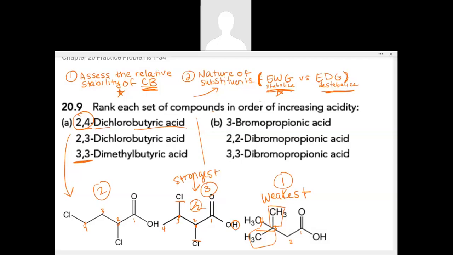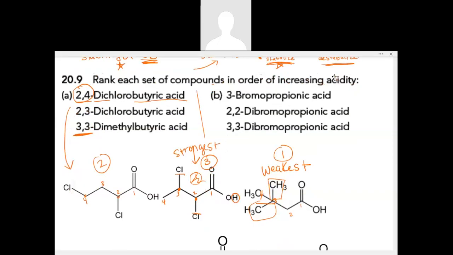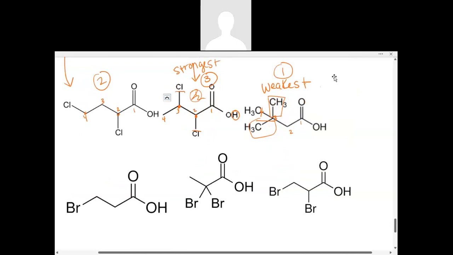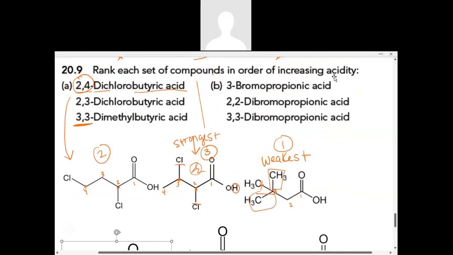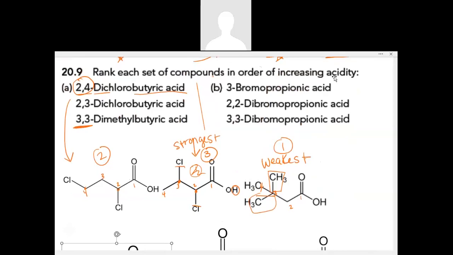Let's see if we can do something similar in part B. I have our compounds shown below here. Just so we can keep track, we have a 3-bromopropionic acid. That's the common name for propanoic acid, a 3-carbon chain carboxylic acid. Then we have 2,2-dibromo and 3,3-dibromo.